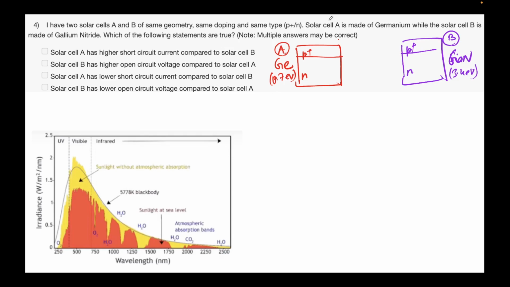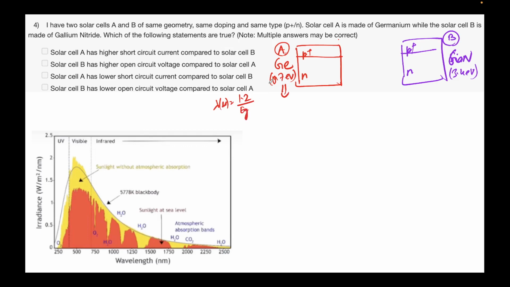The short circuit current is essentially when you're shining light. It depends on how many frequencies this device can absorb. So for 0.7 eV, let's convert this to wavelength. Wavelength in micrometers is 1.2 over Eg.